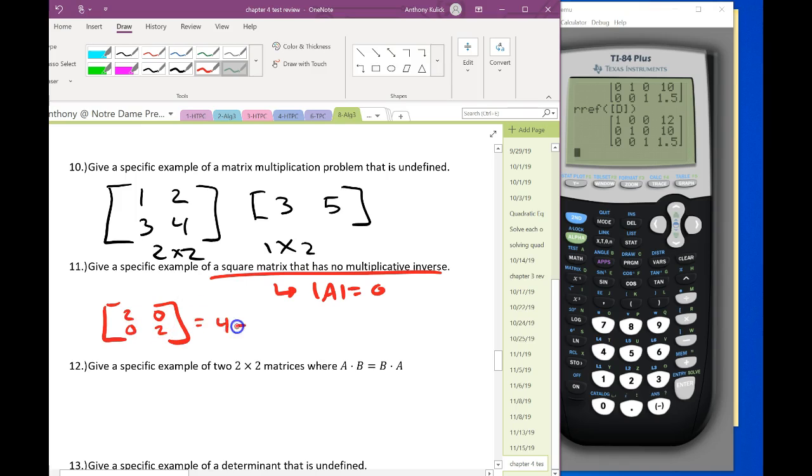Okay, well that would be 4 minus 0, and 4 would be the determinant of that. So that's not going to work. Sure, because that's just going to give you 0 minus 0, which is 0. Right, how are we finding these? That diagonal minus that diagonal, right?